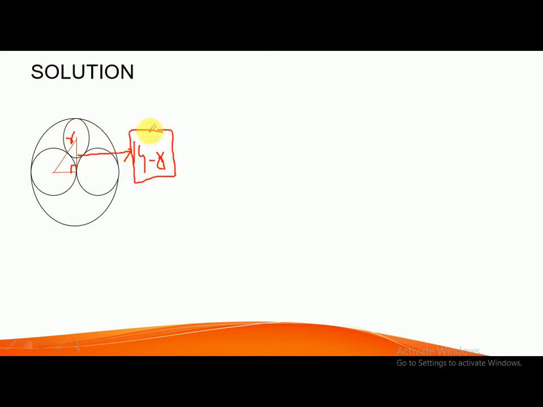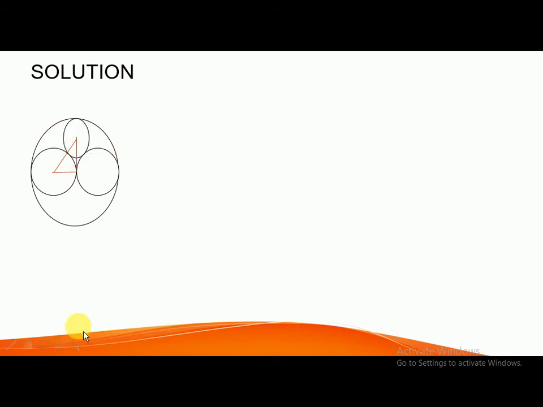This particular length is R, this particular length is 7, so this will be 7 plus R, because the radius of C2 is 7 centimeter. The diameter of the smaller circle C2 is the radius of the bigger circle, so the radius would be 7 centimeter. So the hypotenuse is 7 plus R centimeter. The two base lengths are 7 centimeter and 14 minus R centimeter.